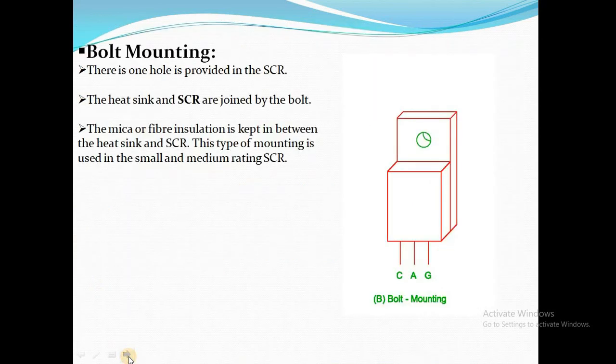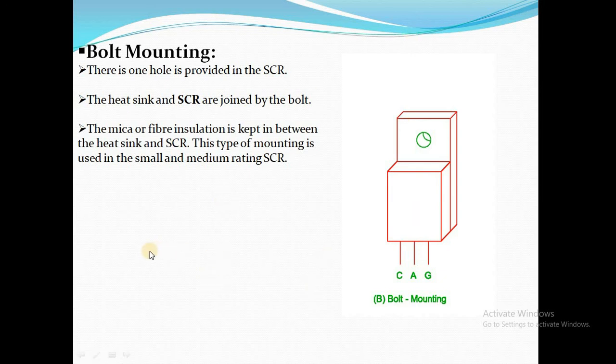Next is the bolt method. In this method the SCR has a one-hole construction, and this hole is fixed on the board by a bolt connection. A heat sink is also used for such construction, because such mountings are used for high power, that is high current, applications.